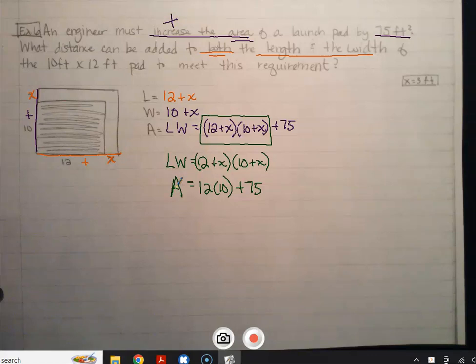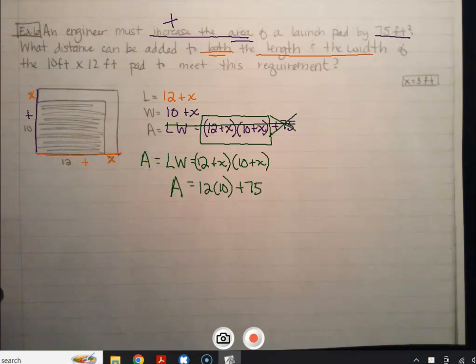So both of those are correct. We just can't combine the 12 plus x and the 10 plus x with the 75. This is where the problem lies. All right. So the cool thing about this is, let me scratch this all out here. We have both of these formulas for area.